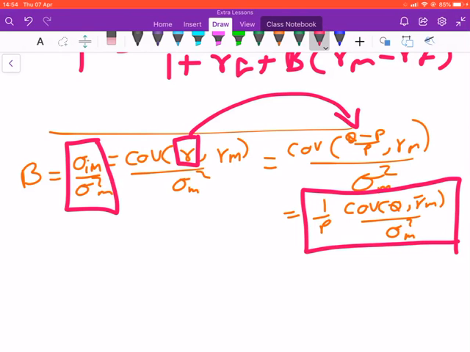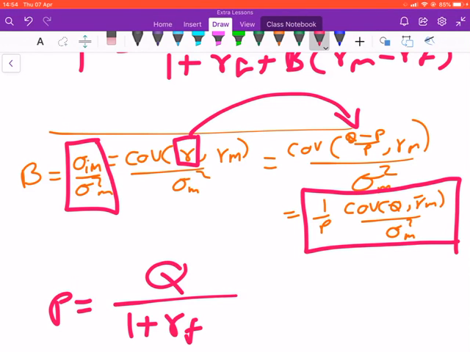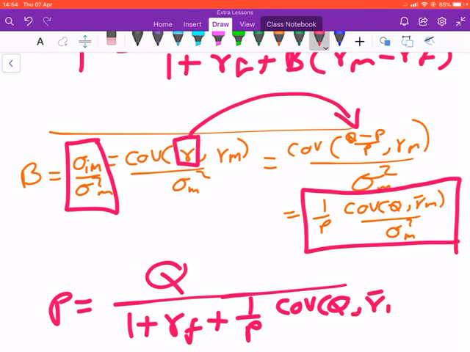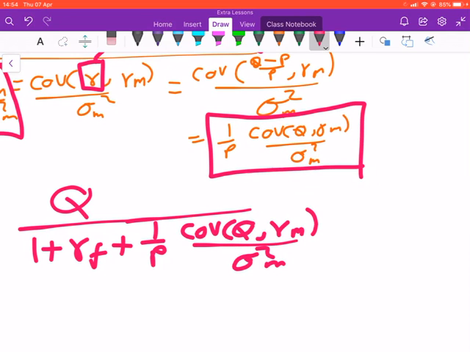In that case, our price, our pricing formula derived from CAPM, is going to be payout over 1 plus RF plus beta. Now our beta is basically going to be 1 over P times the covariance of the payout and the market returns over the variance of the market returns, multiplied by the market excess returns.